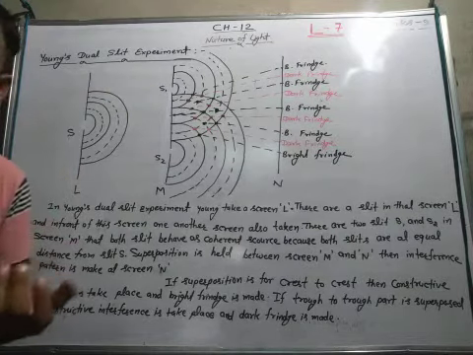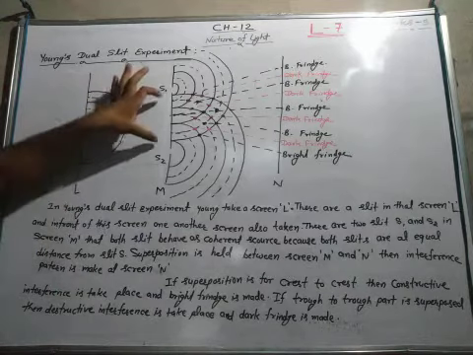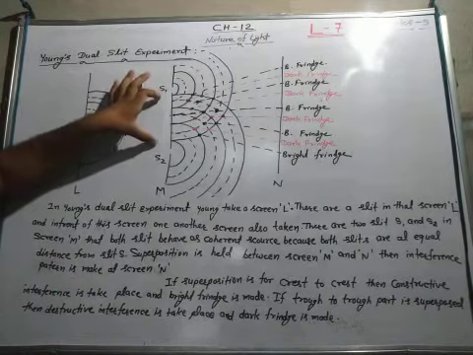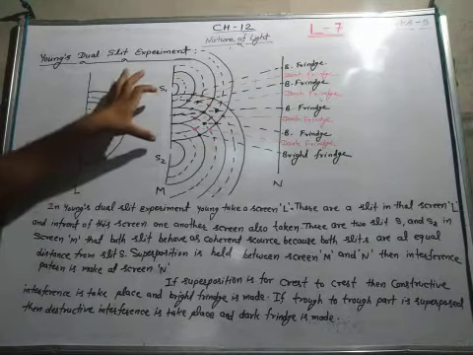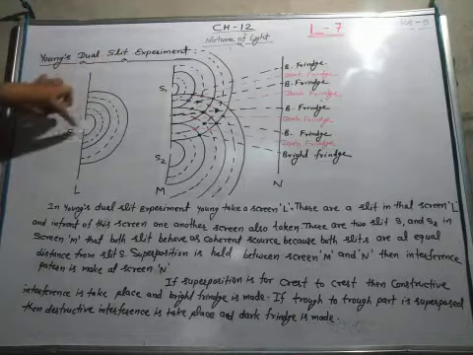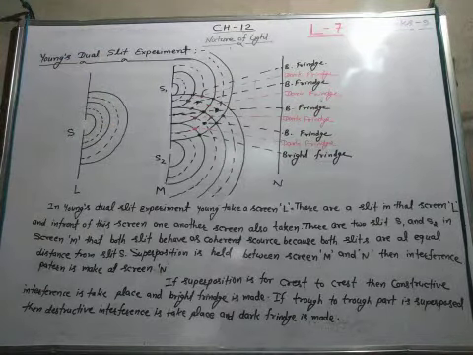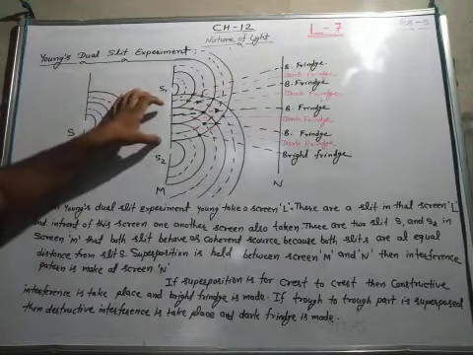We studied coherent sources in last classes. These slits behave as coherent sources because both slits are at the same distance from the slit and are made by one source. Two sources are made by one source, so these are coherent sources.